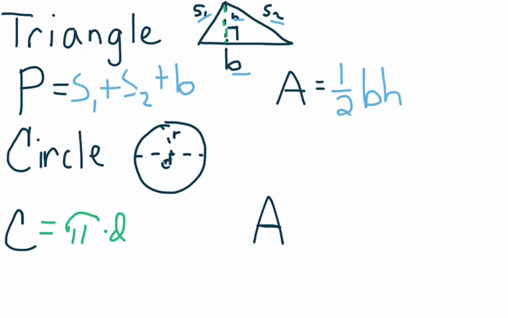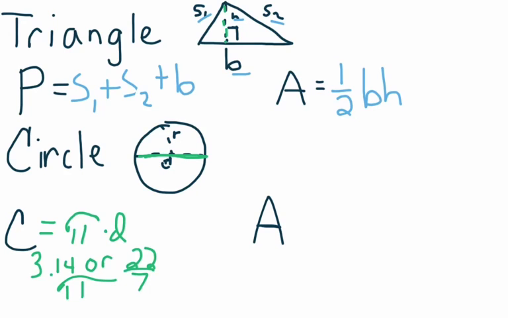The diameter is the measurement all the way across, okay? Pi is equal to 3.14 or 22/7, depending on what you're working with, okay?